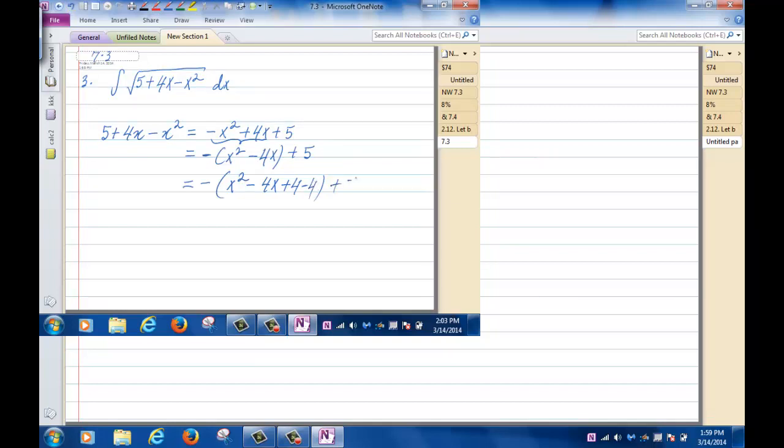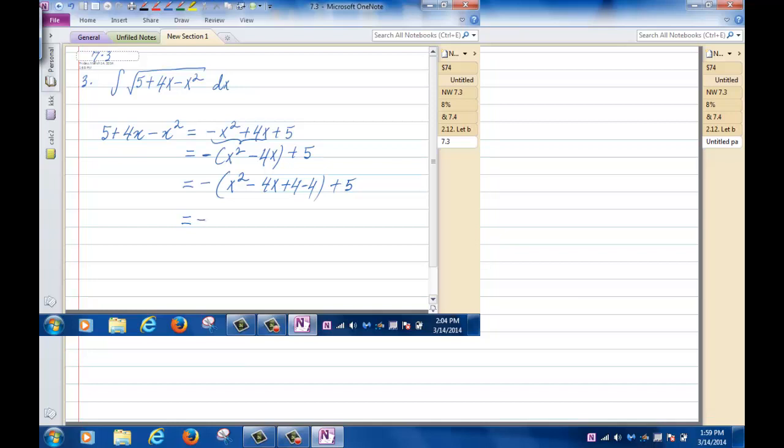And of course 5 is still there. Everybody is okay with that? Take the coefficient of x, take half of that, and then square it. That's 4. That's what I'm writing here, and then minus 4, because 4 was not there.